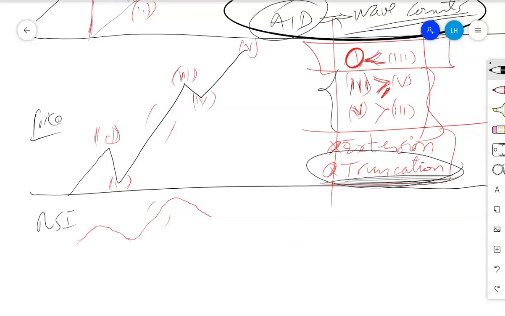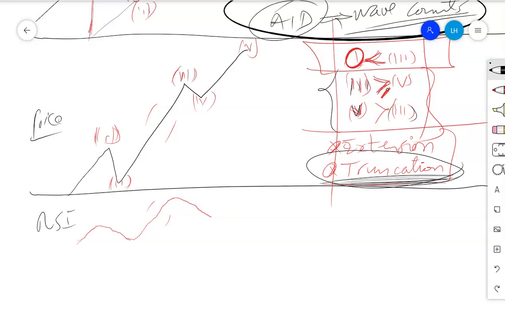Sometimes you'll find that the volume in the fifth wave is greater than the volume in the third wave. When this occurs, usually we expect extension. I covered the idea of extension in the first session on Advanced Elliott Wave.